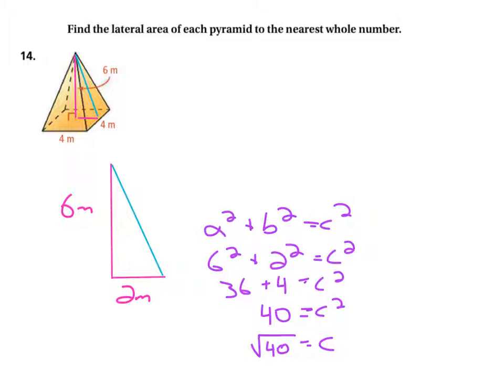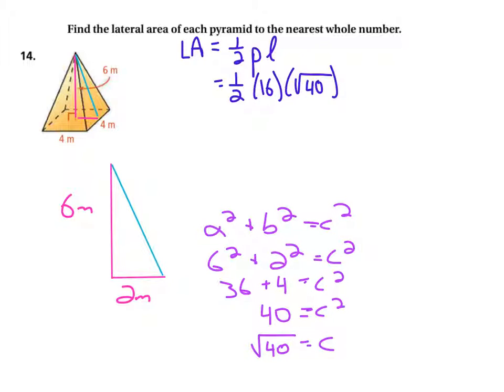And we will say the formula, lateral area, is equal to 1/2 the perimeter times the slant height, is 1/2 perimeter of 4 plus 4 plus 4 plus 4, 16, times the slant height, which is square root of 40. Okay, or half of 16 is 8. 8 times root 40.